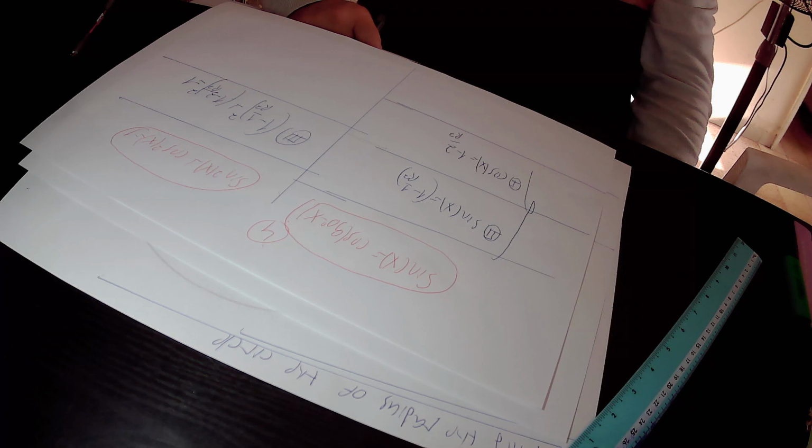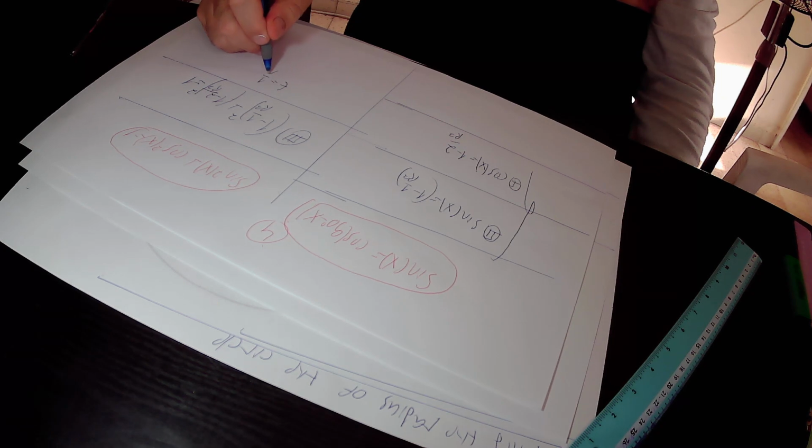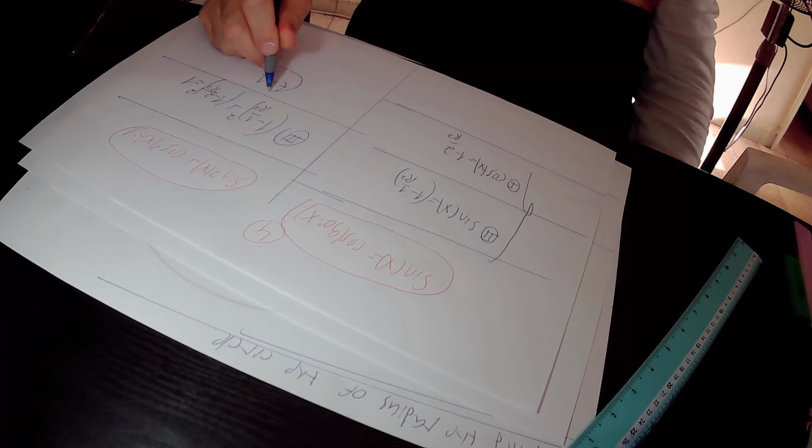Here we will define t equals 1 over r squared according to our definition. Now we can substitute 1 over r squared in this equation by t.